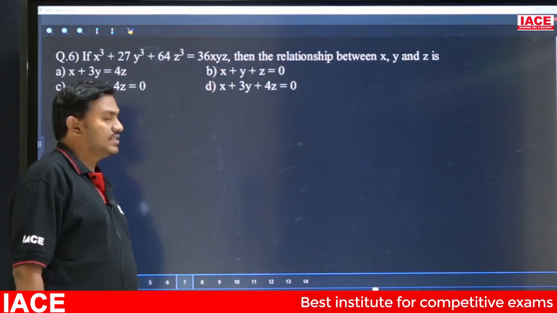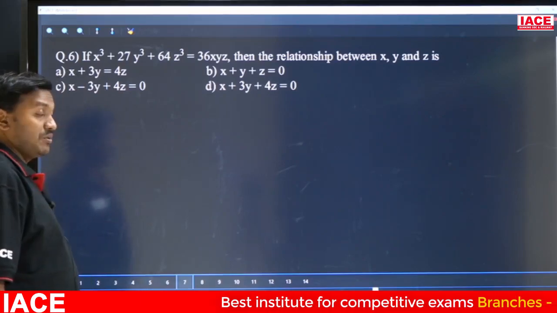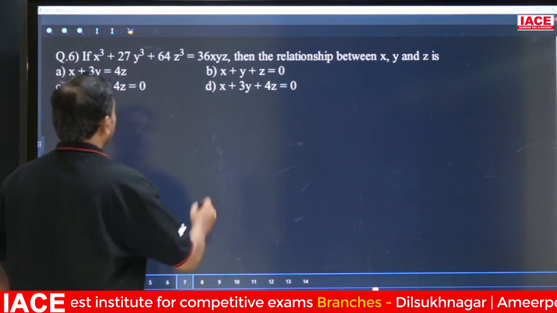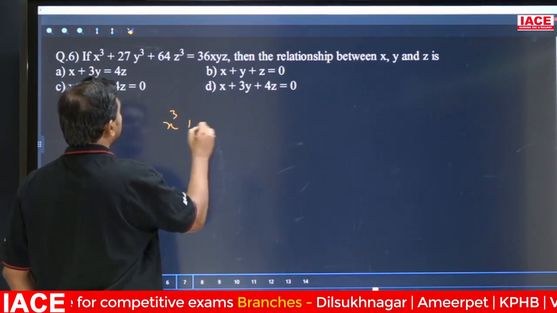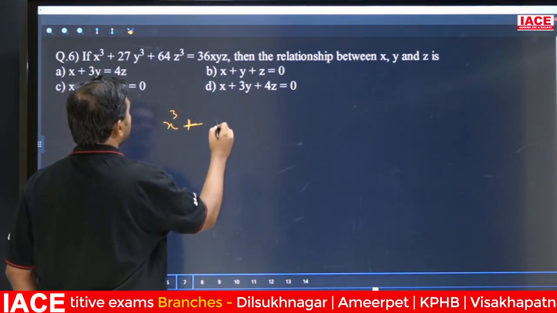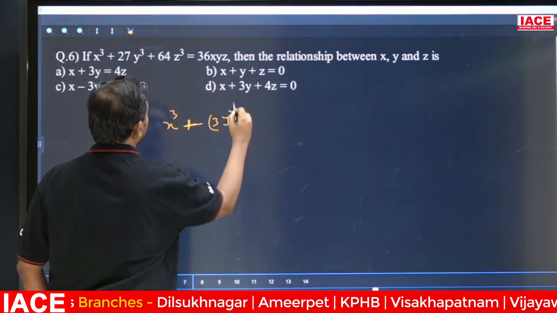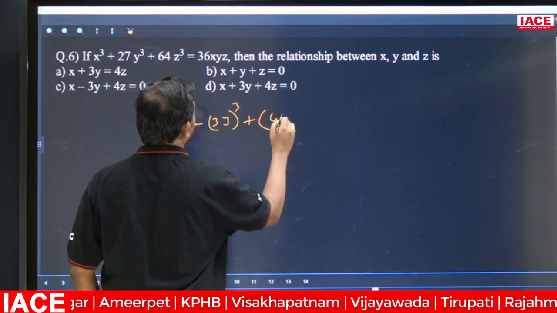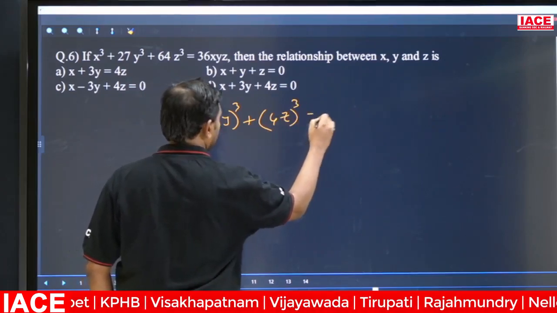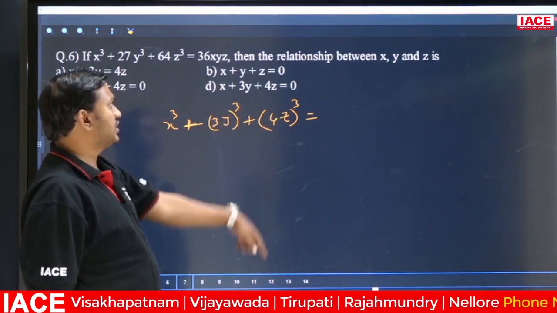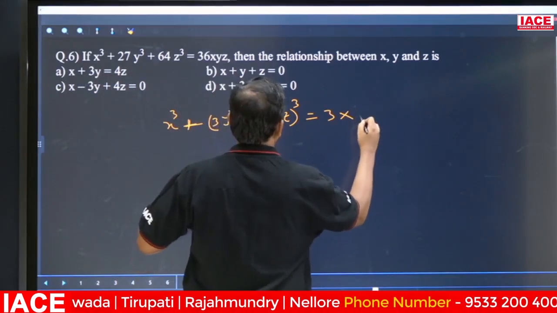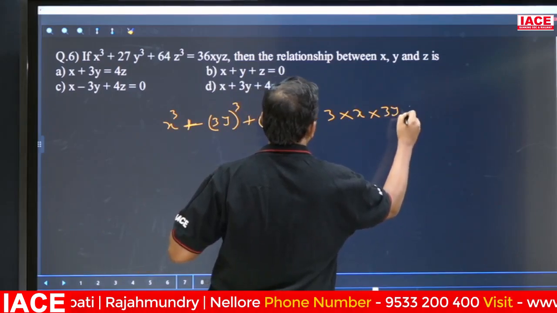Then question number 6. See, algebra question. Now we are getting an algebra question. What is that one? x cube plus 27y cube, we can write 3y whole cube, plus 64z cube, we can write 4z whole cube, equal to A cube plus B cube plus C cube equal to 3ABC, 3 into x into 3y into 4z.